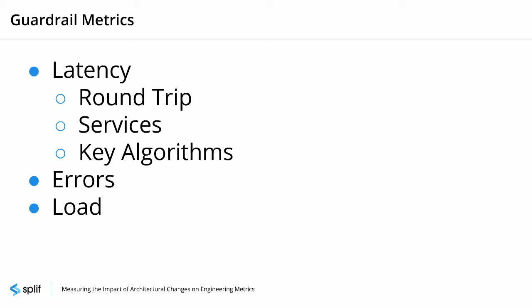So it's very easy for us to look, whether that be for the whole round trip of a particular code path, whether that be for accessing of particular services or databases that might be in your code stack, or for simply the performance or the complexity of particular algorithms. It gives you some strong signals for whether there's either any degradation to the behavior or if you're getting the types of results that you're expecting.